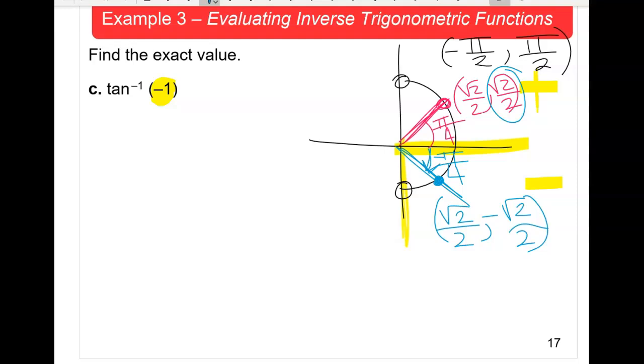Now, this is clear. It's telling us that this is the cosine of -π/4, and this is the sine of -π/4.